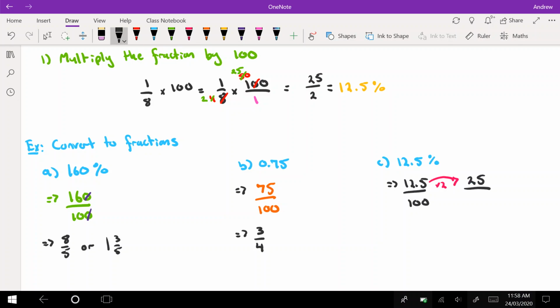What I do to the numerator, what do I also have to do to the denominator? The exact same thing, which is going to give me 200. So now it's 25 over 200. And that simplifies down to 1 over 8. Yep. Thumbs up? Cool. Next one.